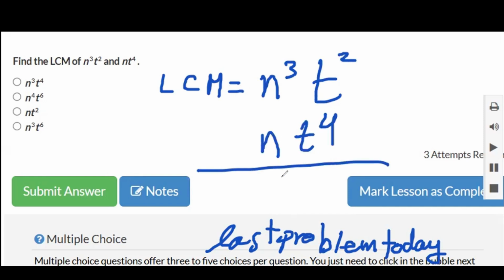So the highest power of n is n to the power of 3, and t to the power of... the greatest power, 4. So where is the solution? The first one.